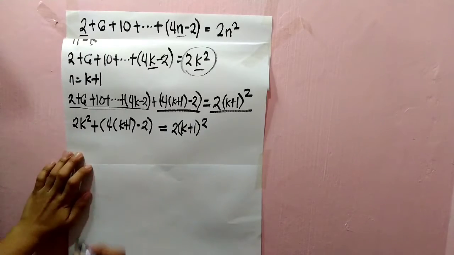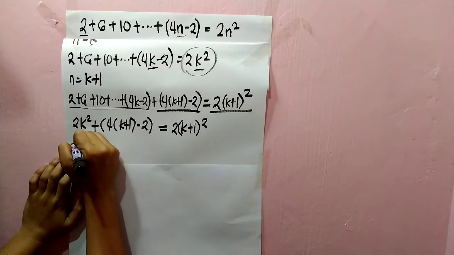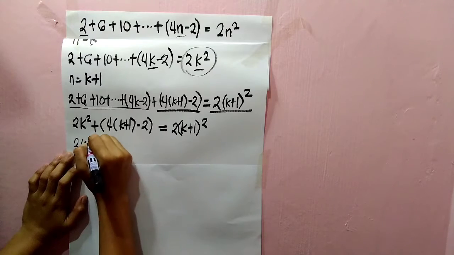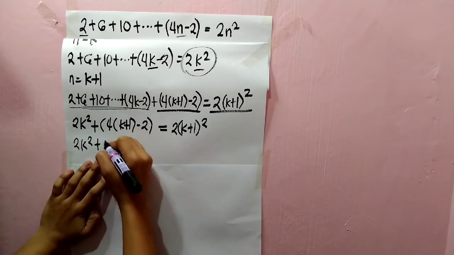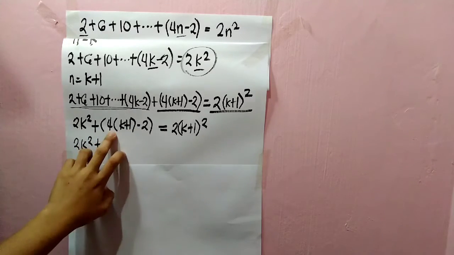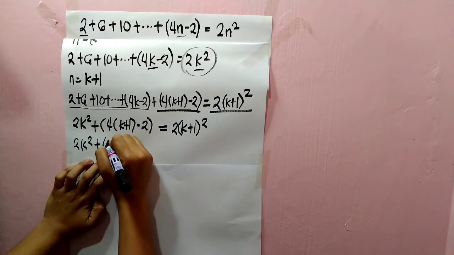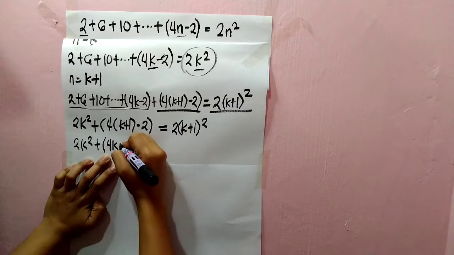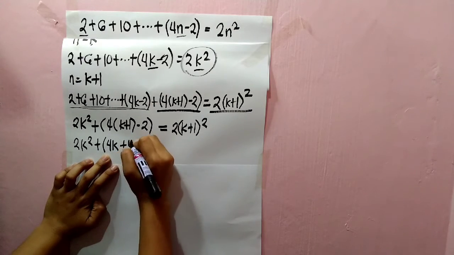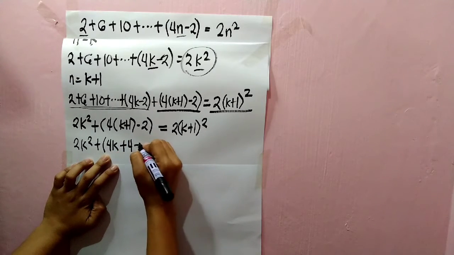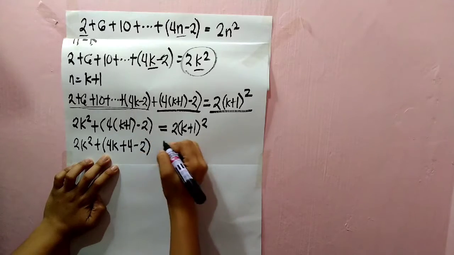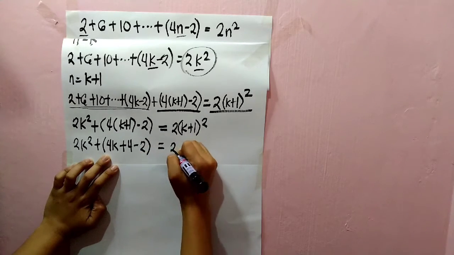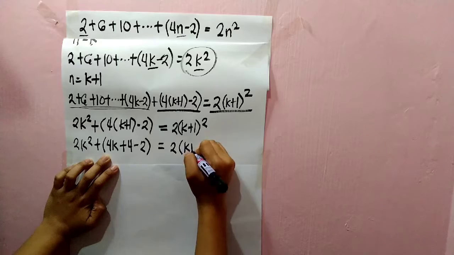So we'll now solve. 2k squared plus 4 times k, we have 4k, 4 times 1, we have 4, minus 2, equals 2(k plus 1).